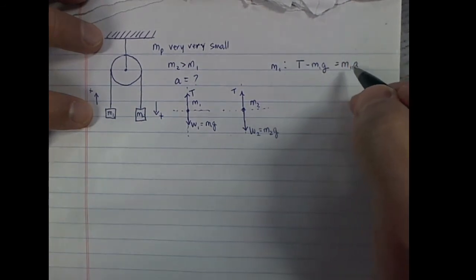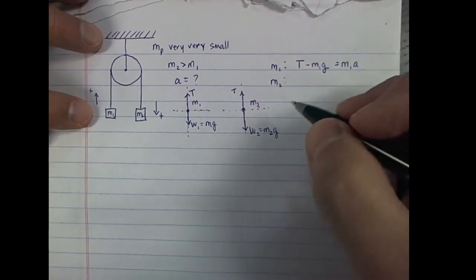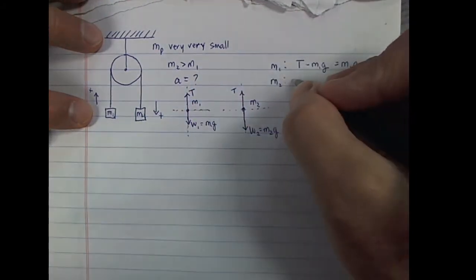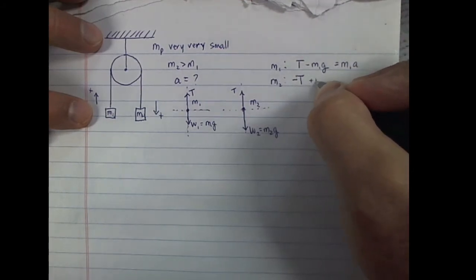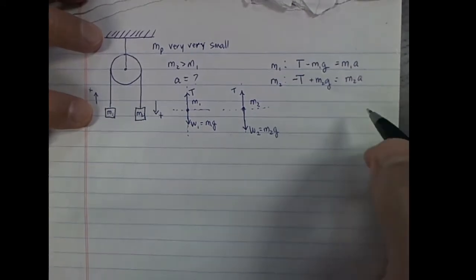Okay. For M2, now down is positive, so we're going to have a negative T plus M2G equals M2A. So notice now we have two equations, two unknowns.